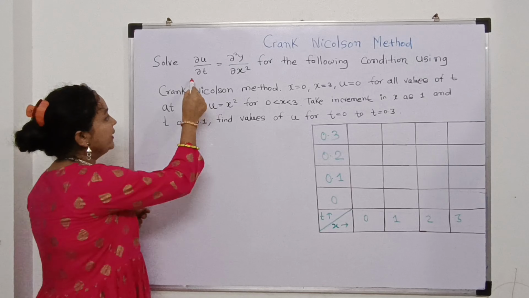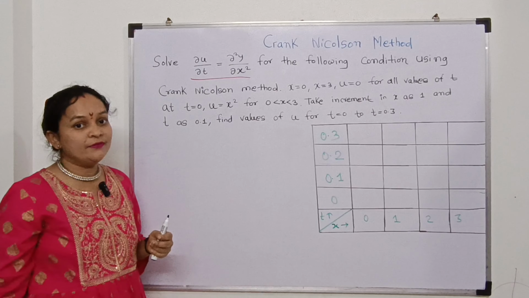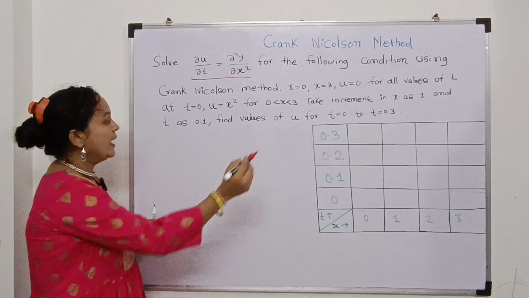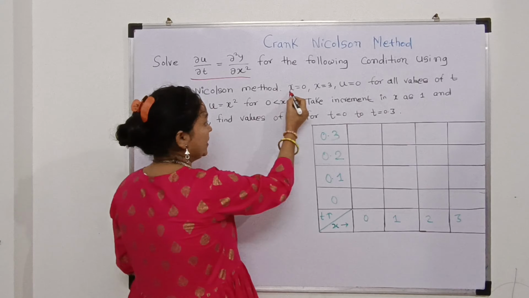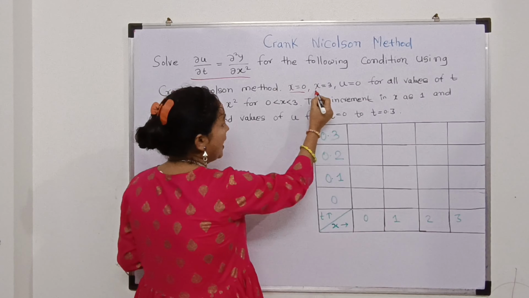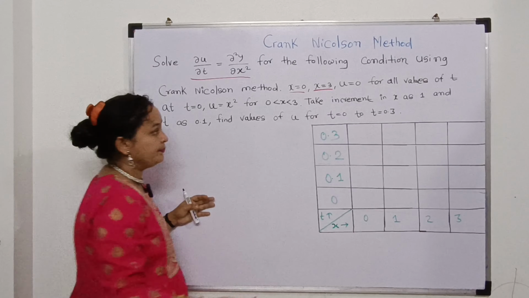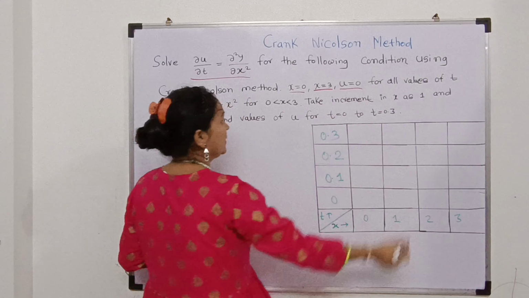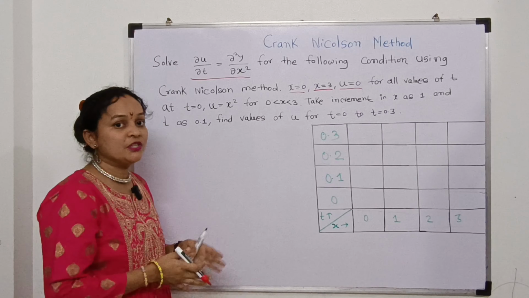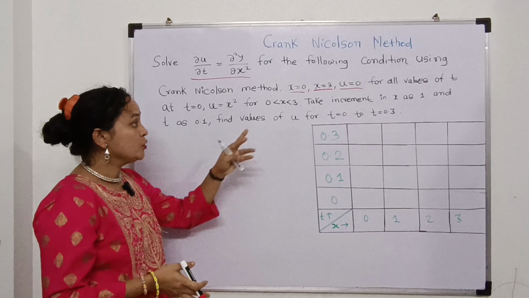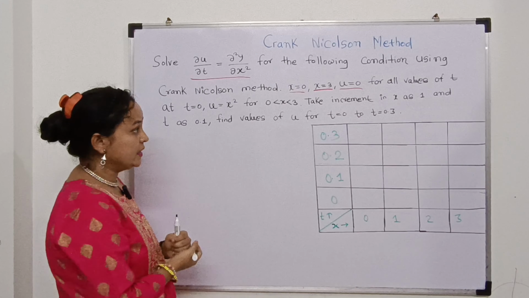They have already given the finite difference form of the equation, with the condition x equal to 0 and the limit x equal to 3. u is nothing but the boundary, and they have given it as 0.